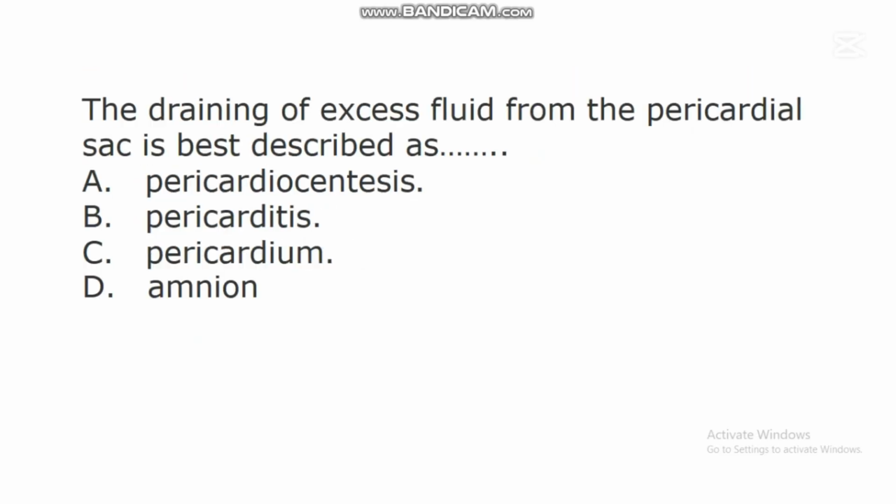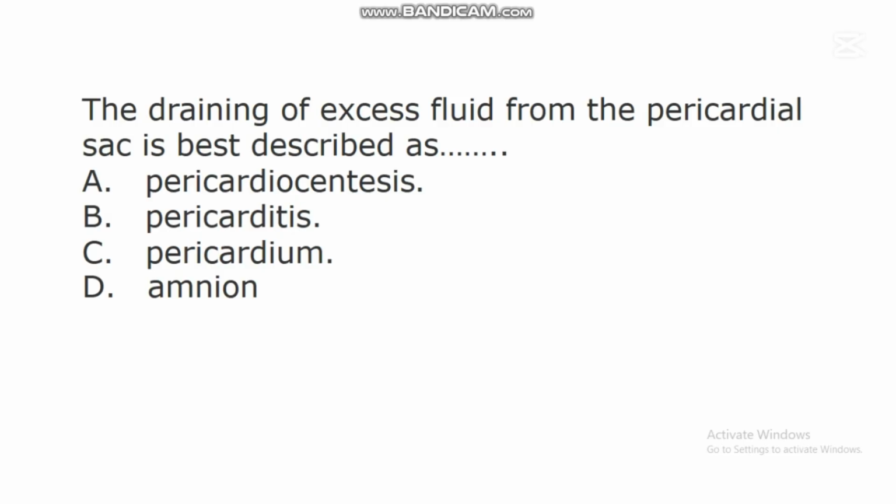The next question says, the draining of excess fluid from the pericardial sac is best described as dash. A. Pericardiocentesis. B. Pericarditis. C. Pericardium.